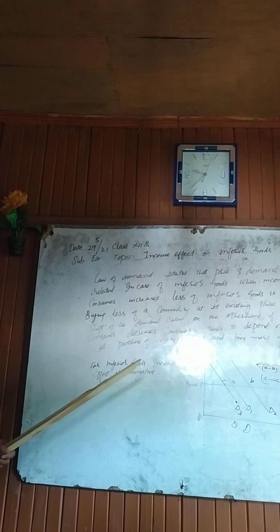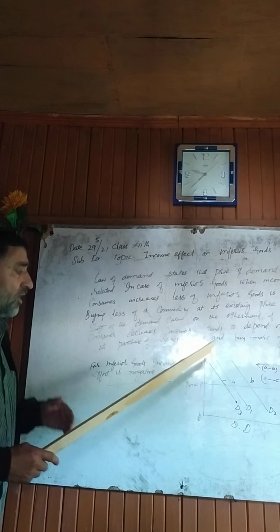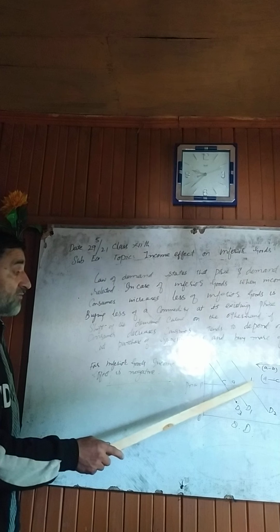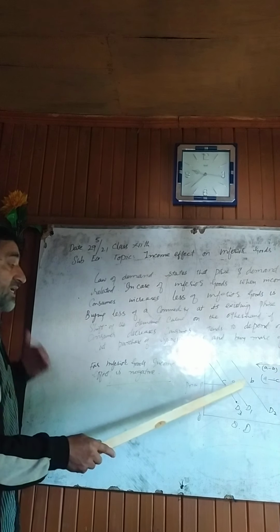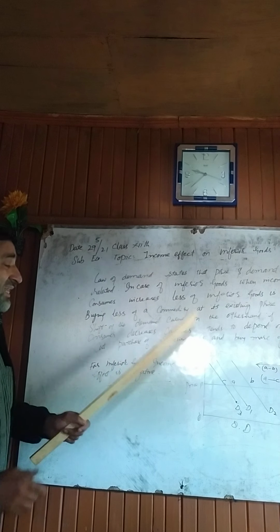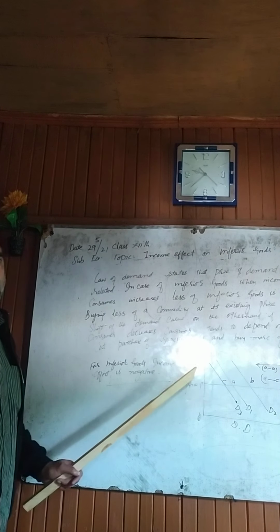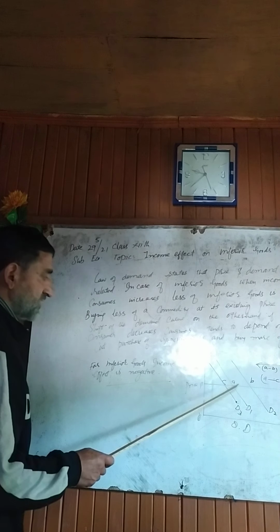Now we assume that his income has increased. What happened? When his income increases, he tends to buy less of the commodity, because the price of the commodity is the same while the income of the consumer has increased.